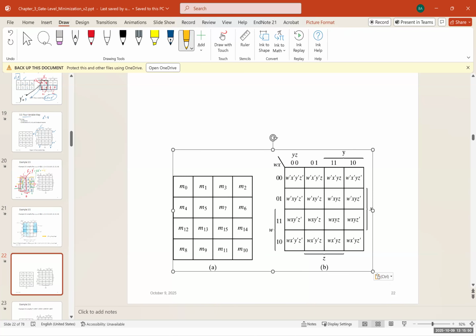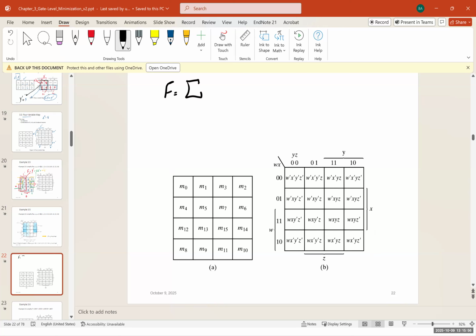Let's simplify the following Boolean function. F is equal to sigma of 0, 1, 5, 7, 8, 9, 2, 10.